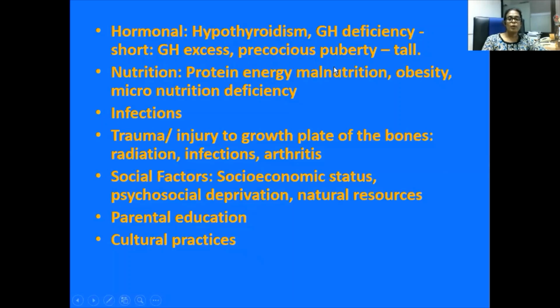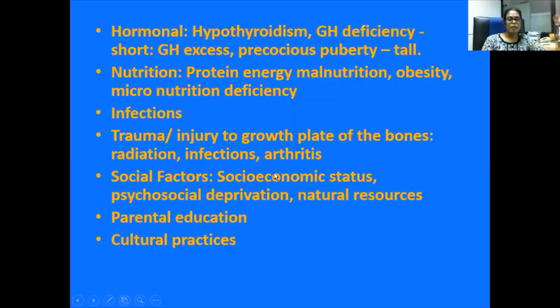Growth hormone excess and precocious puberty may show a tall individual in the corresponding peer group. Protein energy malnutrition affects growth adversely. Obesity shows a higher growth. Micronutrient deficiencies have an effect. Chronic infections in a child will affect its growth negatively. Trauma to certain areas like the growth plates can cause damage and short stature.